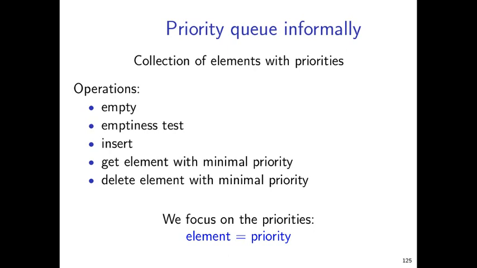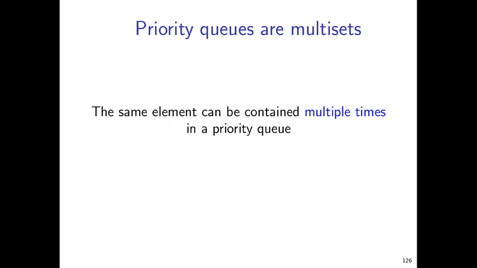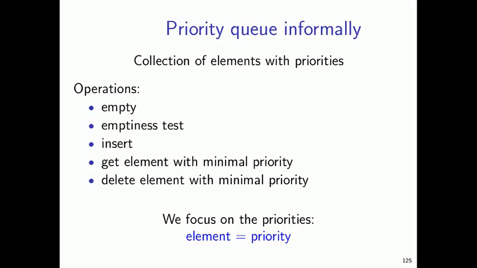Otherwise, one would have to pass this priority queue a function to compute the priority from an element, or a function to compare two elements, or something like this. Any questions to the informal interface of a priority queue?